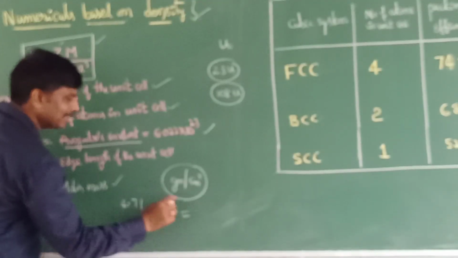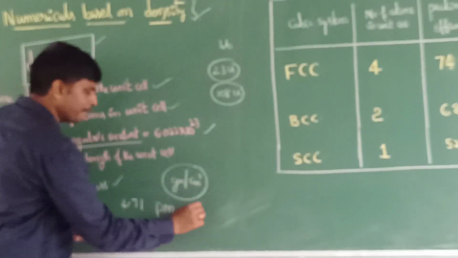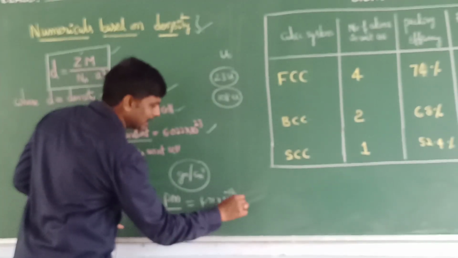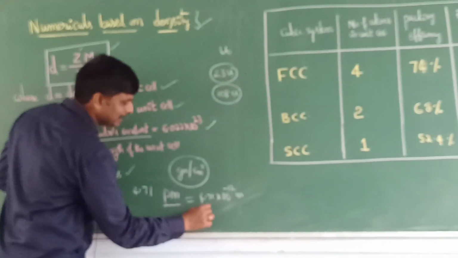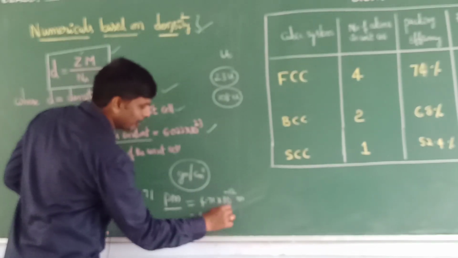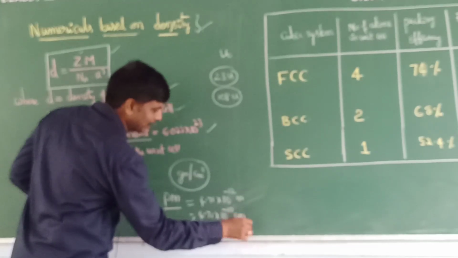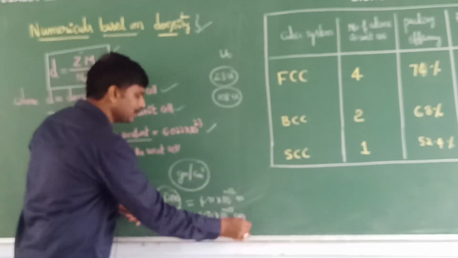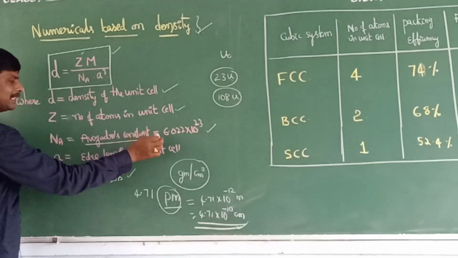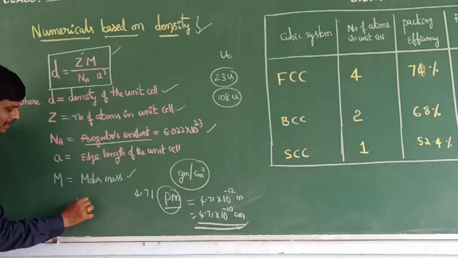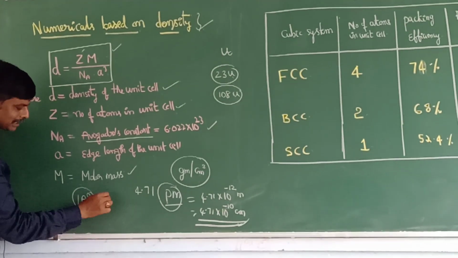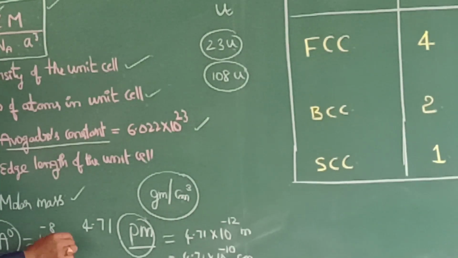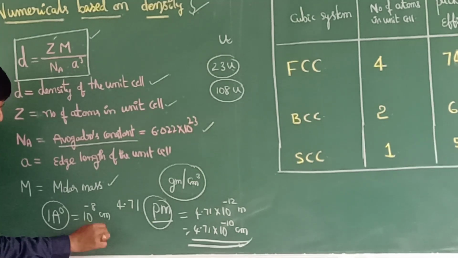So you have to convert this into centimeters. How to convert? 4.71 picometer means 10 to the power of minus 12 meters. But we want the answer in centimeters: 4.71 into 10 to the power of minus 10 centimeters. So you have to convert picometers into centimeters. Sometimes they will give this edge length in angstrom units also. If angstrom is given, 1 angstrom is equal to 10 to the power of minus 8 centimeters or 10 to the power of minus 10 meters.